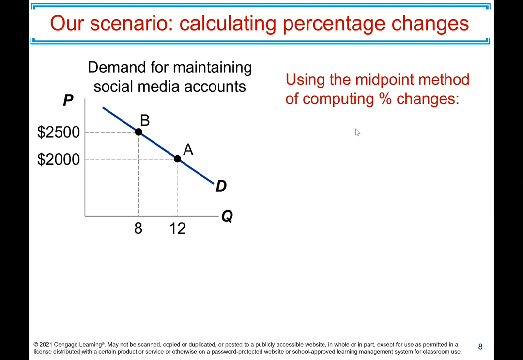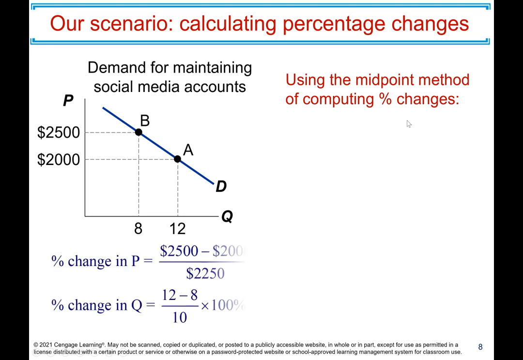Using the midpoint method of computing percentage changes, the percentage change in price is end value 2,500 minus start value 2,000, divided by the average of those two numbers. Multiply by 100, you get 22.2%.